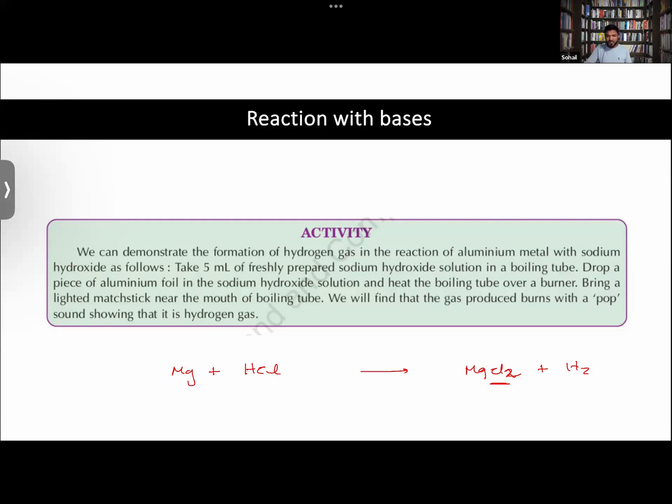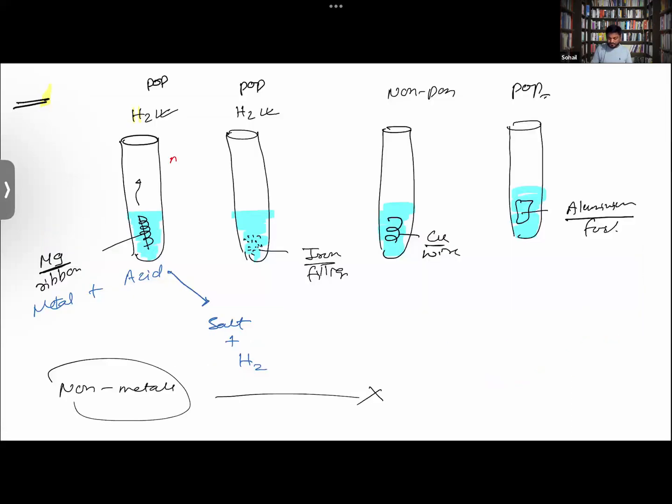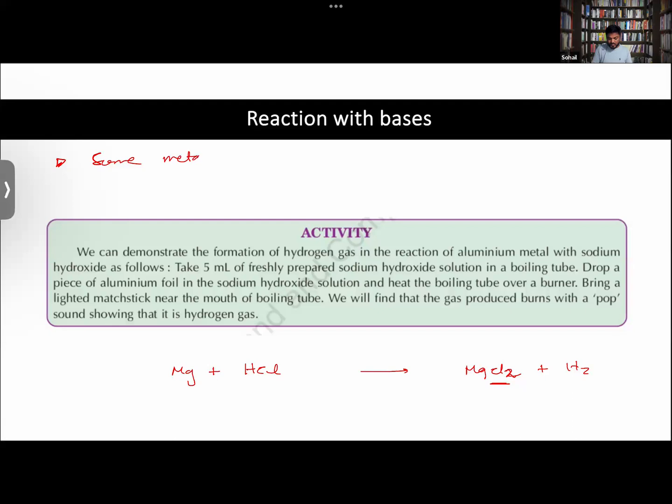Okay. So the thing to be noted here is that some metals react with bases to form salts and hydrogen gas, right? Moments ago, in the previous class, we talked about how metals react with acids also to form salt.